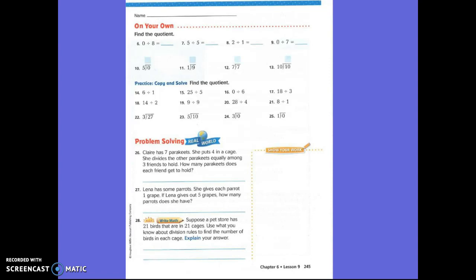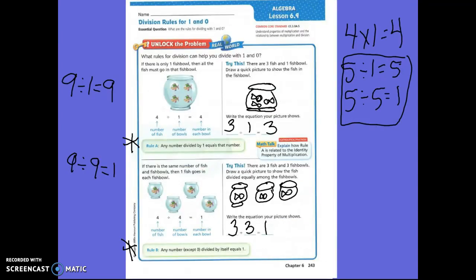What problem is that? 21 divided by 21 equals. What rule, guys, tells us this? Eli? Rule A. Rule A. Let's go look. Rule A: any number divided by 1 equals that number. You agree? Yes. No.